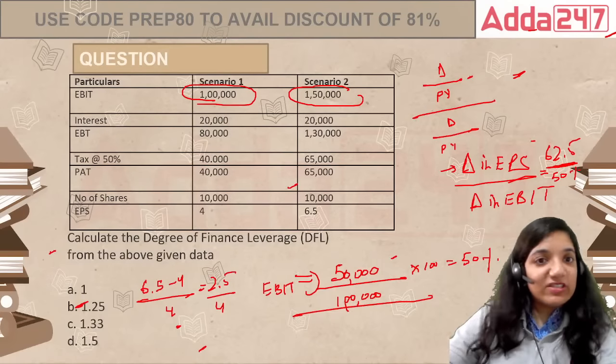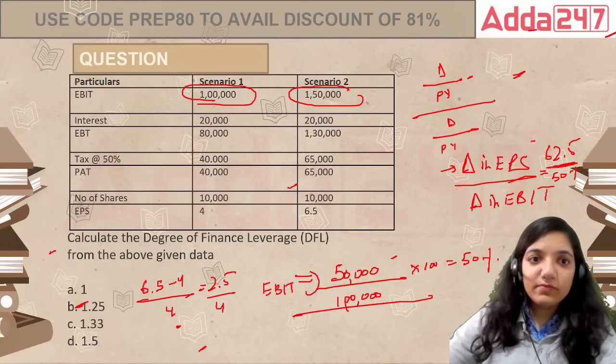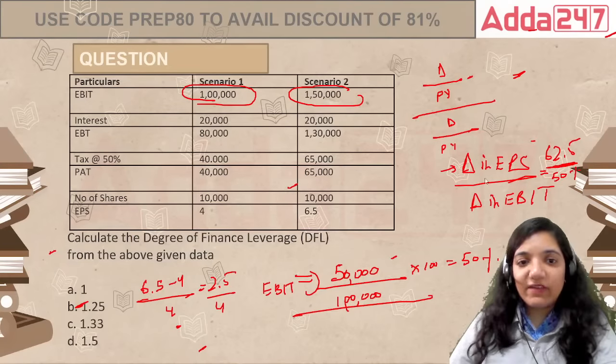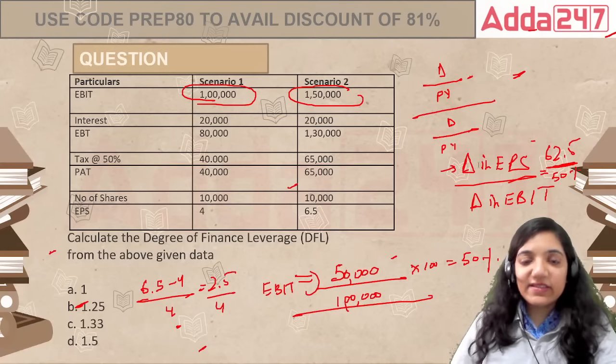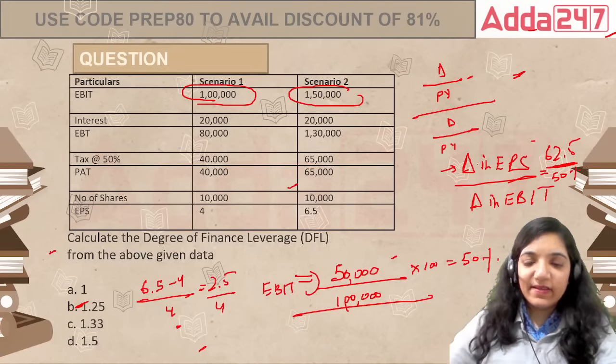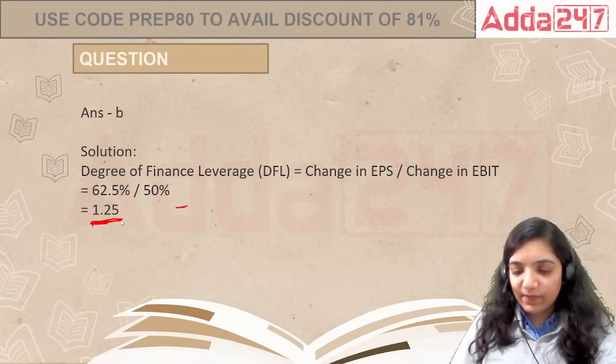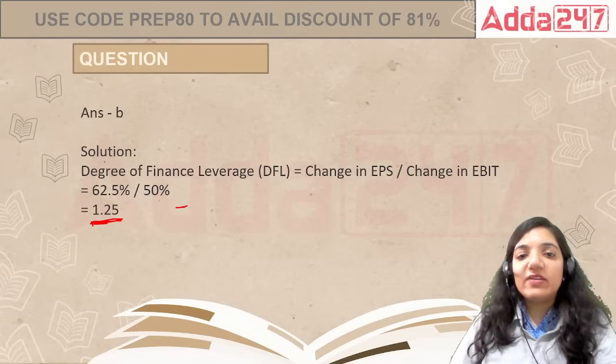It is 62.5 divided by 50%, which comes out to be 1.25. The correct answer is 1.25. How do we find the change in EPS?